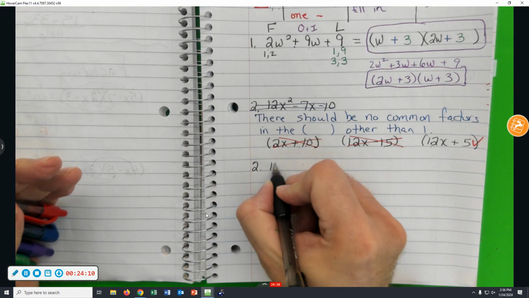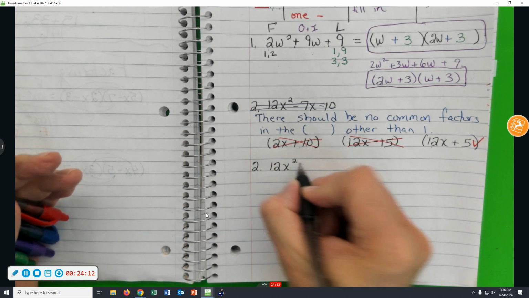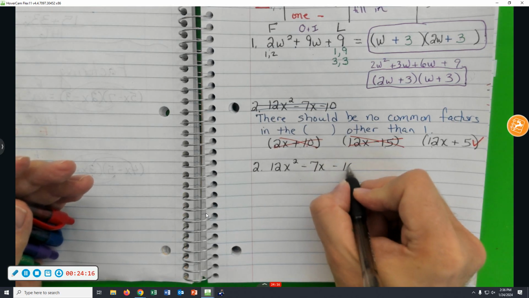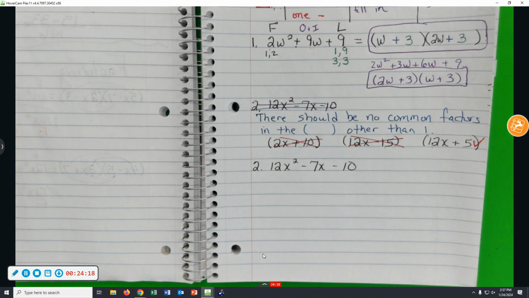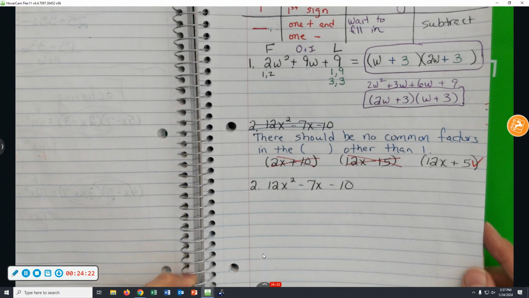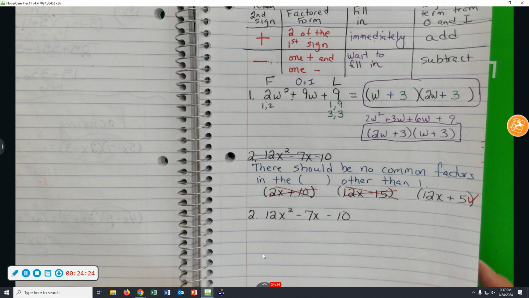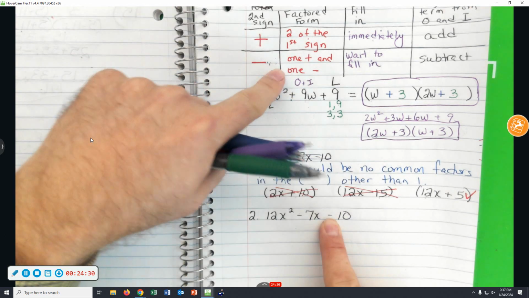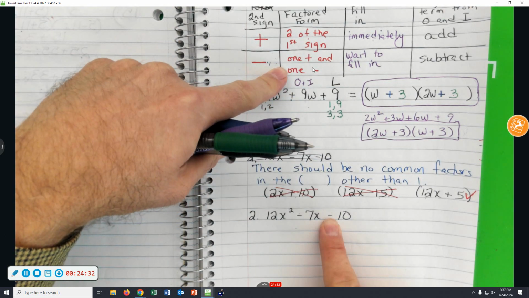Okay. 12x squared minus 7x minus 10. Well, wait. Show them the table first. Second sign is minus. So that means we're going to have 1 plus and 1 minus.